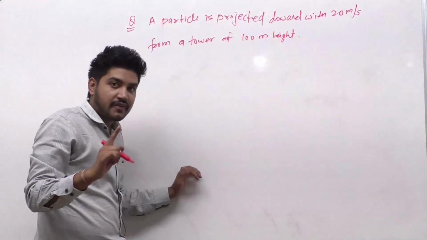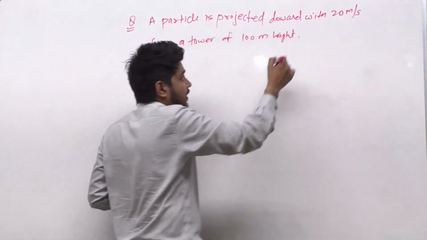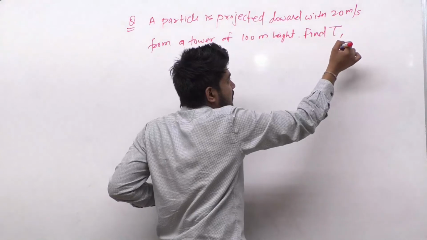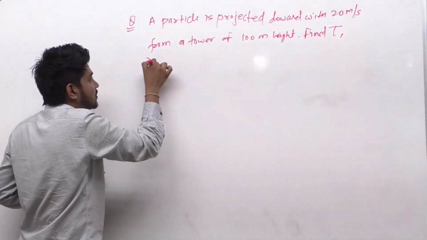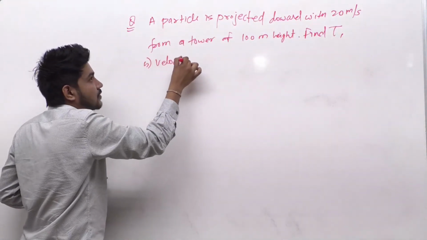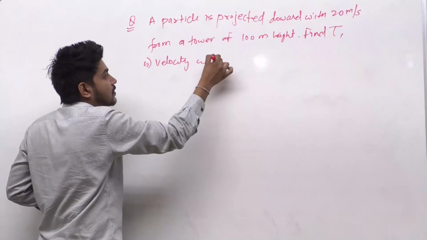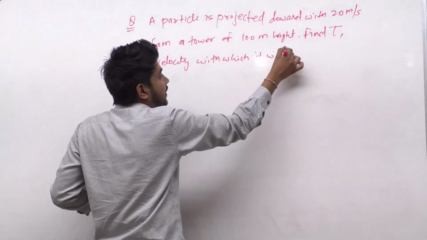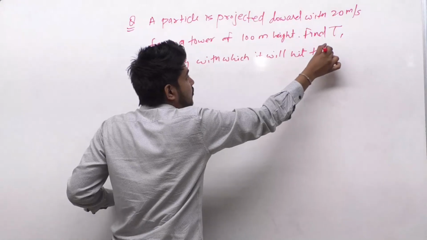Find the time of flight, and B part is the velocity with which it will hit the ground, right?